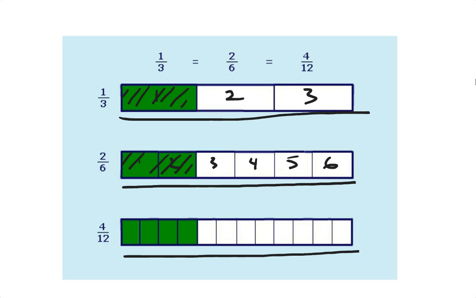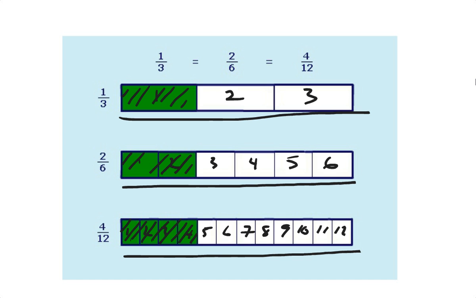And on the bottom here, this time it's being split up into 12 equal parts, and as you can see, the same amount shaded on the first stick is equal to 4 of these parts.